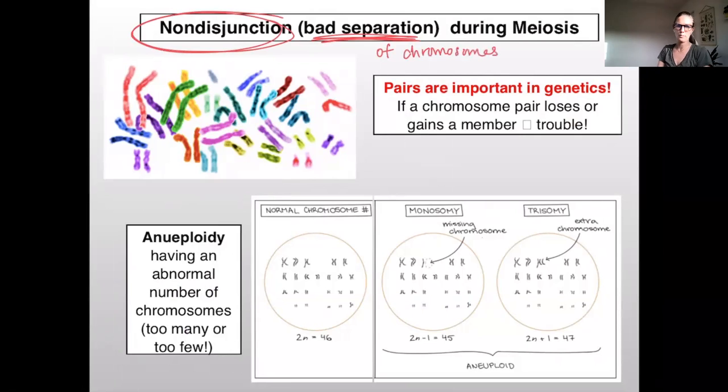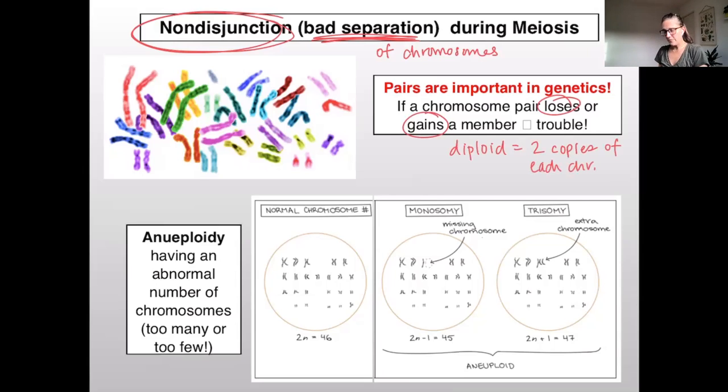We know that pairs are really important in genetics. If you lose a pair, you are in trouble. If you gain an extra pair, you're also in trouble. We are diploid and we want to maintain 2 copies of each chromosome.